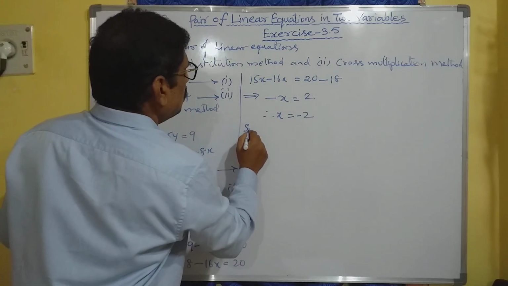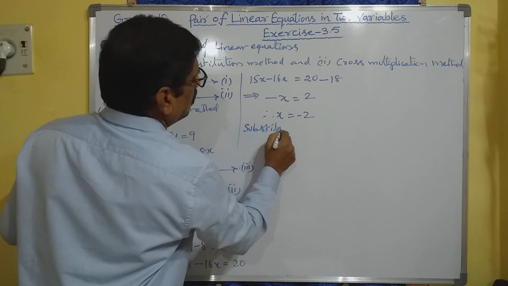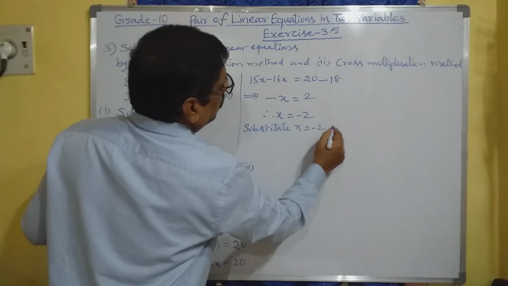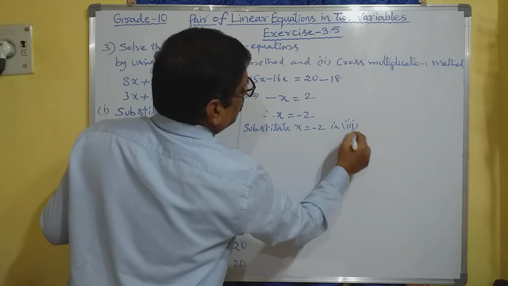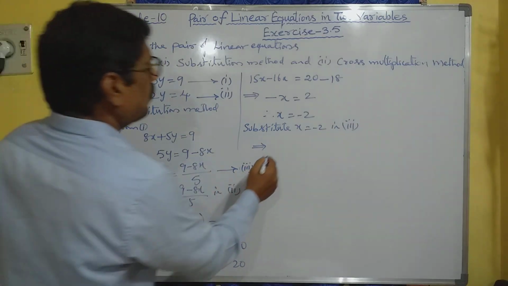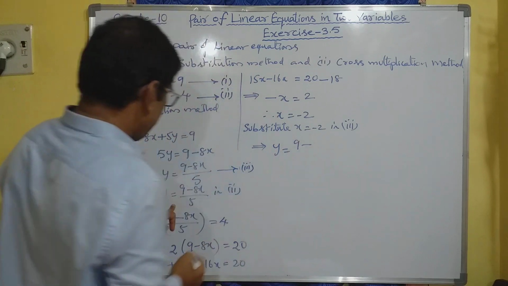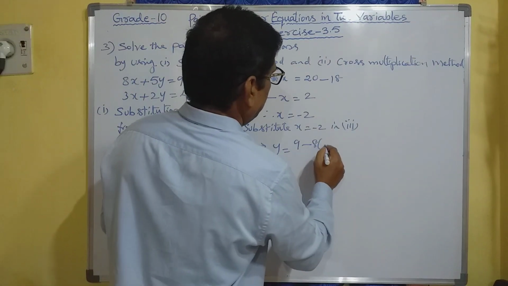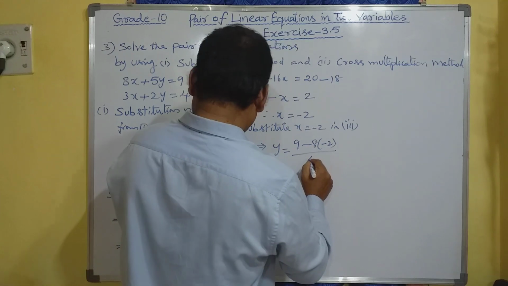Now substitute this x value in equation 3. So this implies we get, what is equation 3? y is equal to (9 minus 8x) by 5. x value is minus 2.